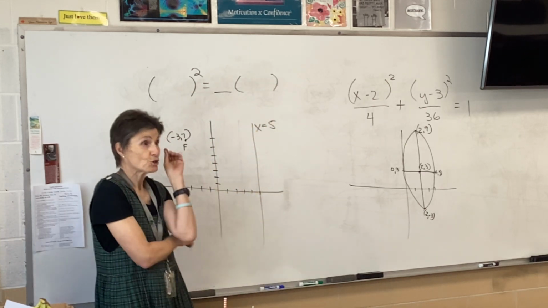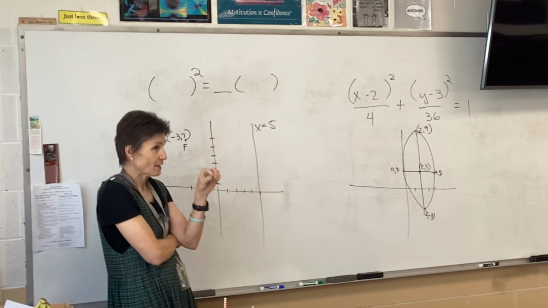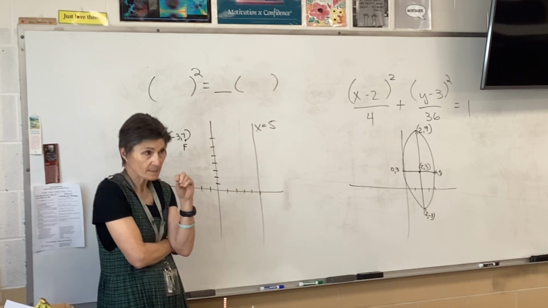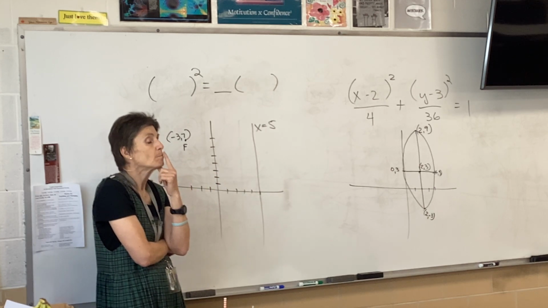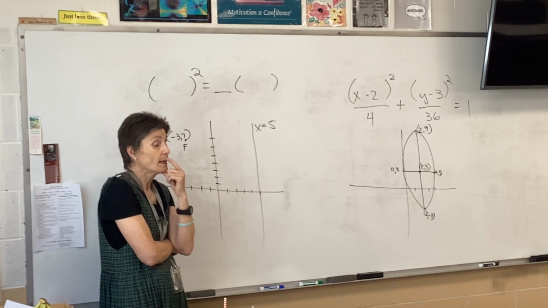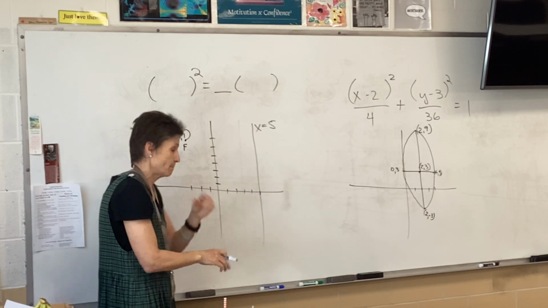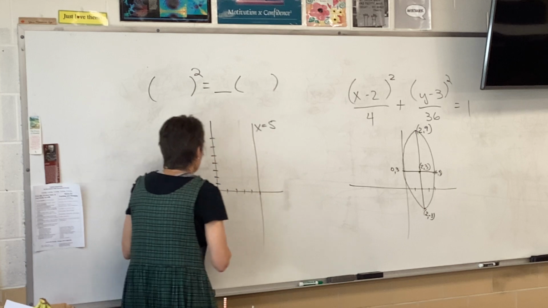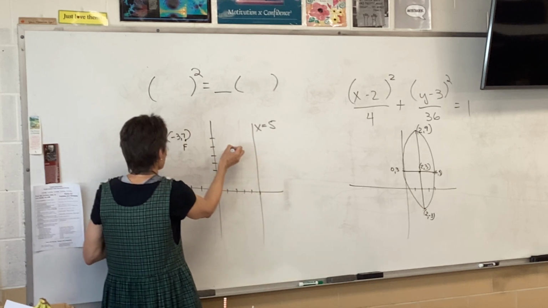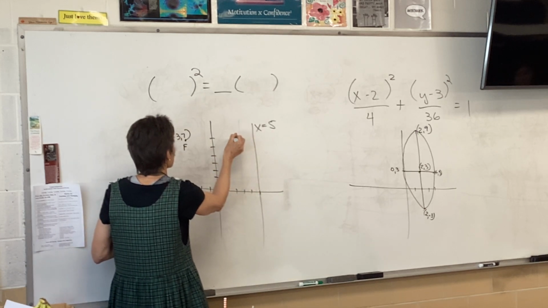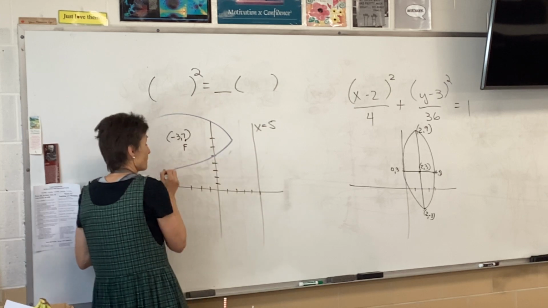Now, what you should be able to tell from your picture is, which way does it open? Left? Would everybody agree left? Would everybody agree that my picture has to look like this, where my focus is?